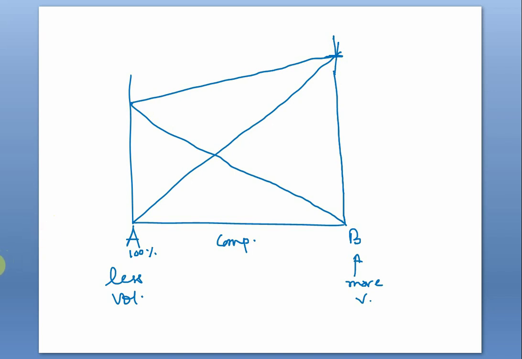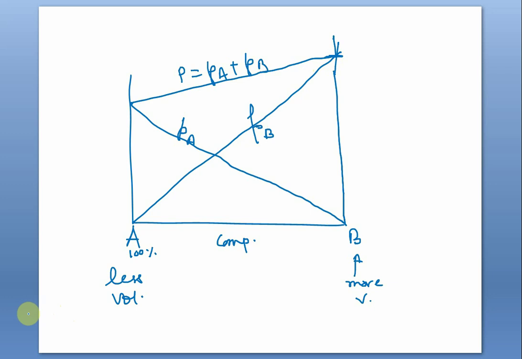The variation is linear. Both the individual partial pressures, this is PA, as A percentage is decreasing, the partial pressure is decreasing. This is B graph, PB graph, and this is the total graph, right? This is an ideal situation.